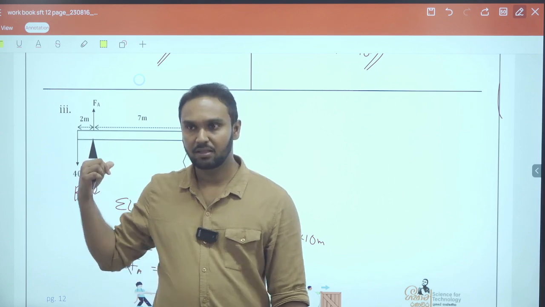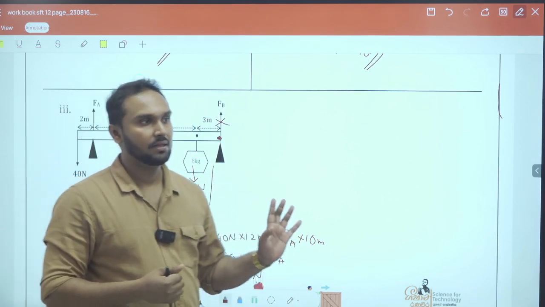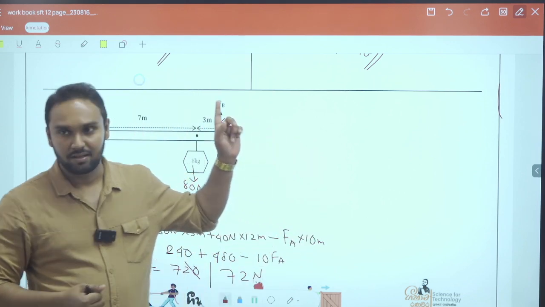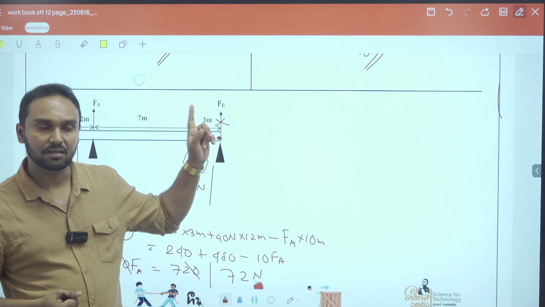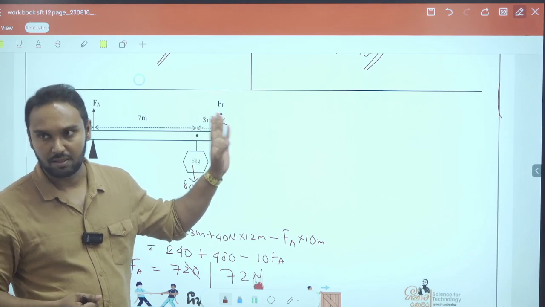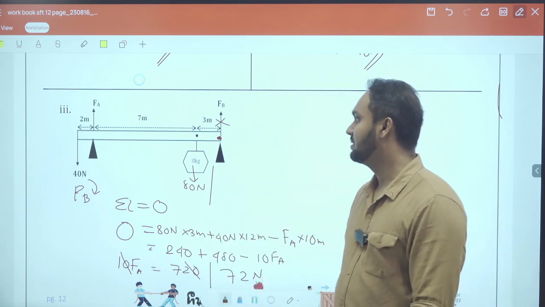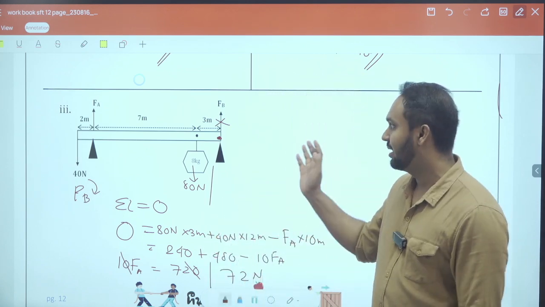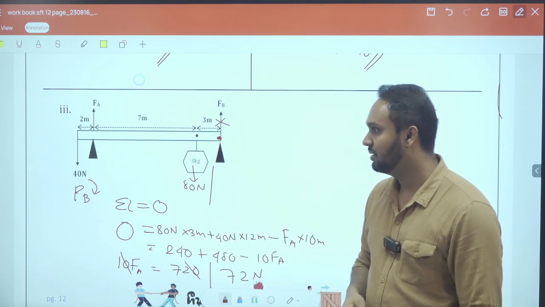Now we considered the equilibrium of torque and found the answer of FA. Yes. Now if you want to find the FB value, you can consider the first theory, the equilibrium of forces. That means upward forces should equal the downward forces, right? So there are no left and right forces, so nothing to worry about.